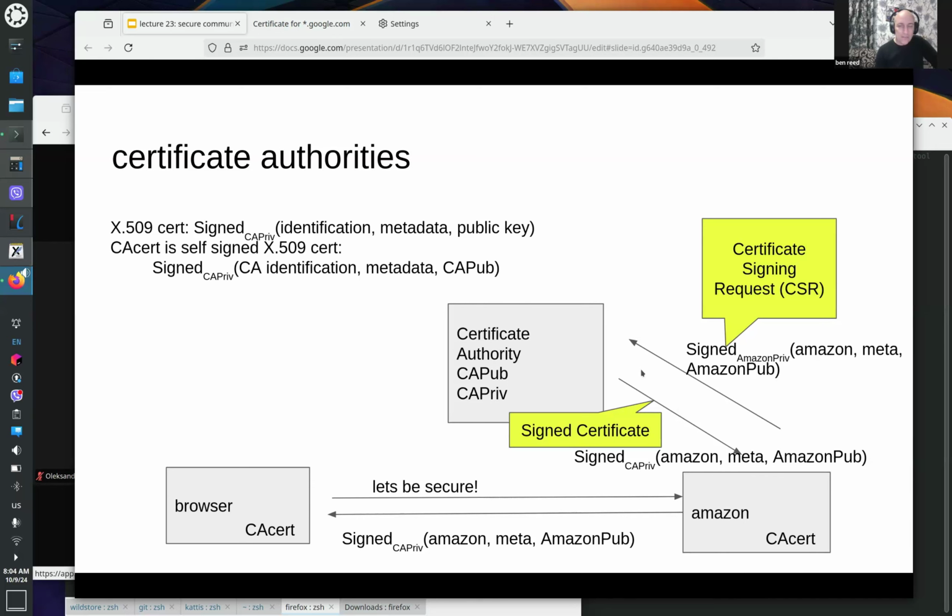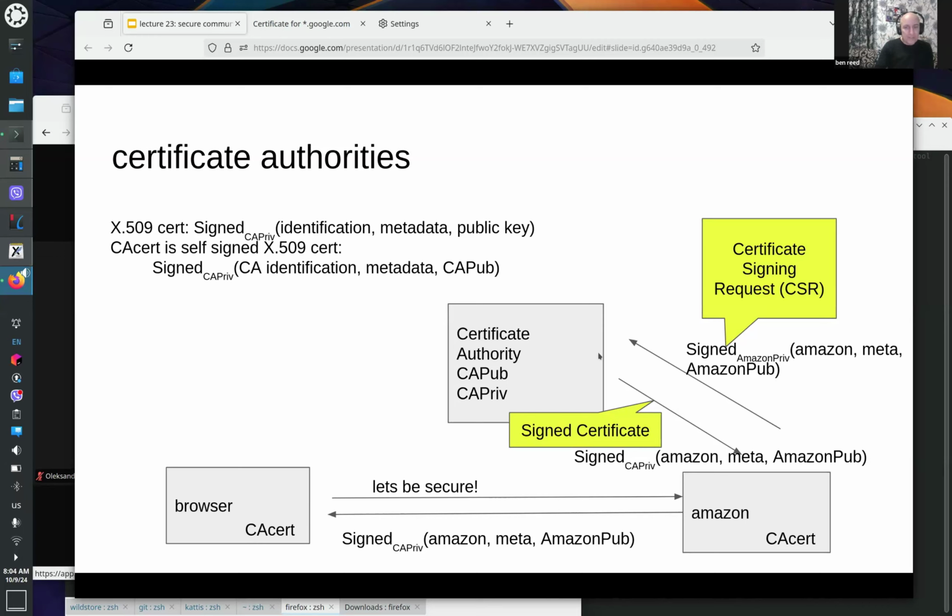Here's some information about me, and here's my public key. It packages this in a format called a certificate signing request. It has all the information in the certificate, but it's not signed. And it sends it to the certificate authority. And then magic happens, okay?